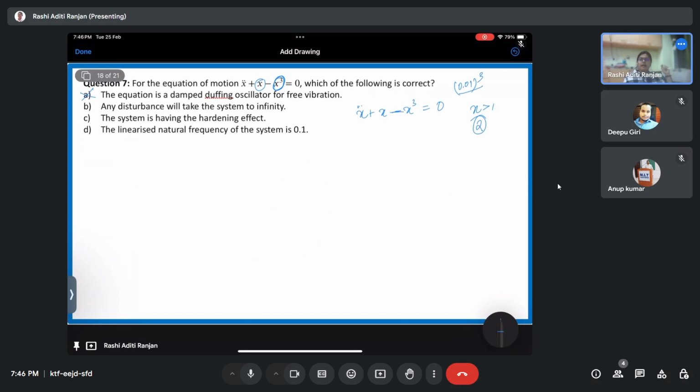But we cannot say this statement is true because it is written any disturbance. There should be a specification about what kind of disturbance, whether it is less than 1 or greater than 1. For very much less than 1, it is going to have a stable solution, but for very much greater than 1, definitely it is going to go to infinity. So this is incorrect. The system is having the hardening effect.